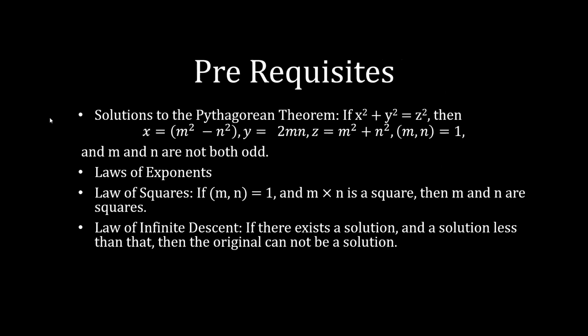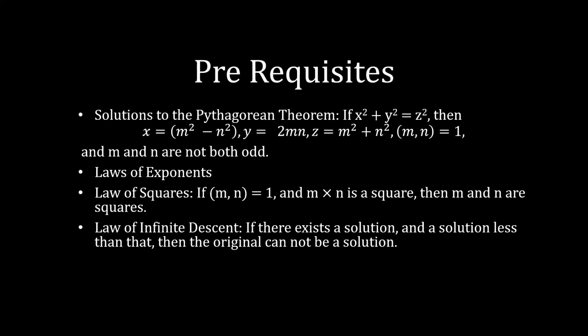The prerequisites are solutions to the Pythagorean theorem. If you have a Pythagorean triplet x squared plus y squared equal to z squared, then the solutions are x equal to m squared minus n squared, y equal to 2mn, and z equal to m squared plus n squared, given that the GCD of m, n is 1 and m and n are not both odd.